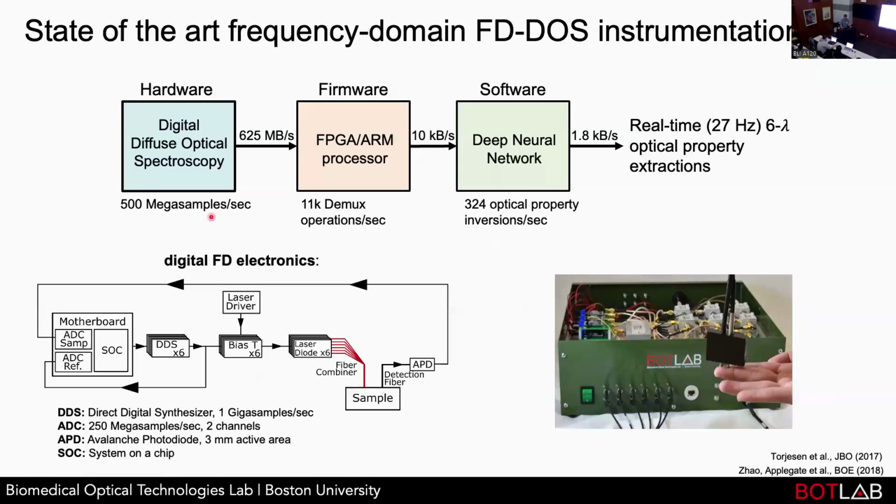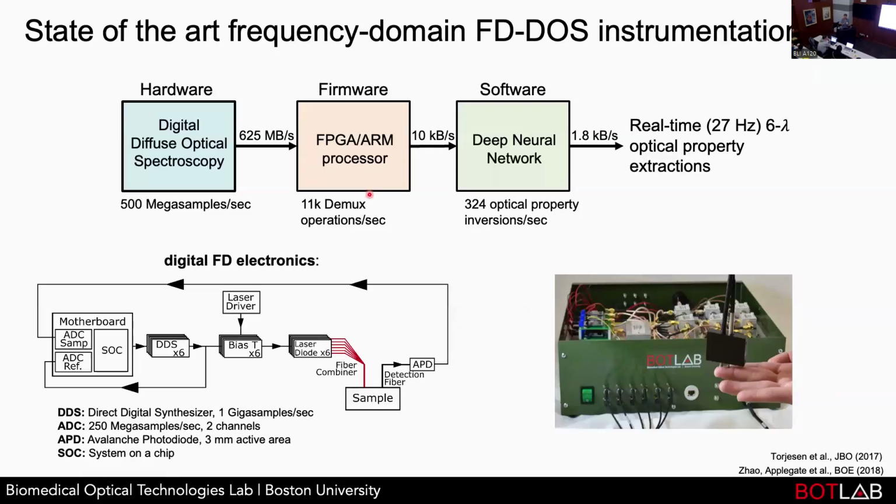And then we have this hardware that we worked on for several years, combined with firmware processing with an FPGA and an ARM processor. So we're calculating, not using Fourier transforms, but a version of a Fourier transform called the Goertzel algorithm, that allows you to calculate amplitude and phase at a given frequency without calculating amplitude and phase at other frequencies you don't care about.